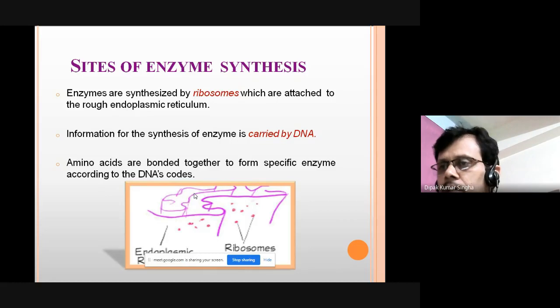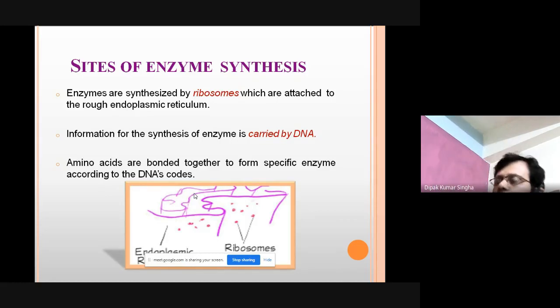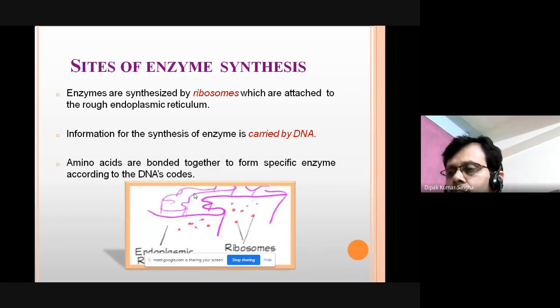The information for the synthesis comes from the DNA, which type of protein will be synthesized, whether it is an enzyme or not. Amino acids bond together to form a specific enzyme according to the DNA's code or genetic code, and that type of enzyme or protein will become, which acts as an enzyme.